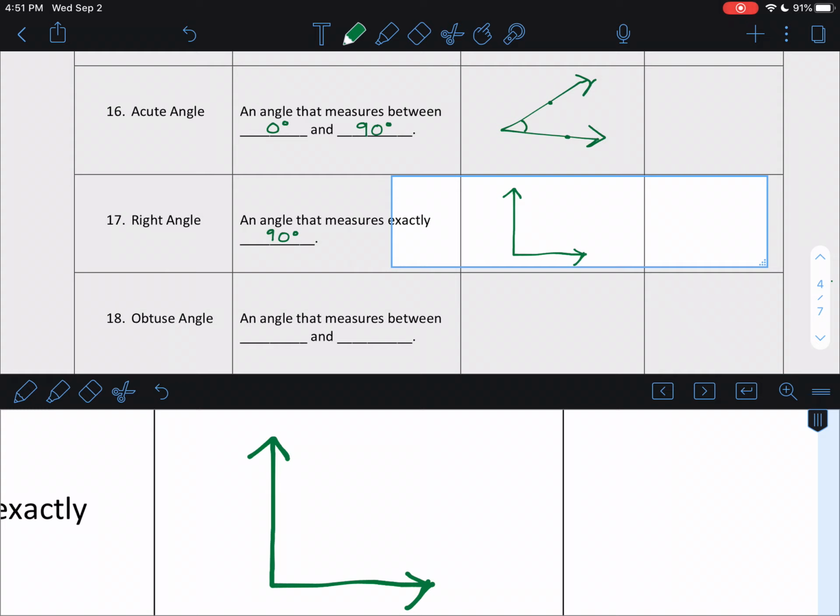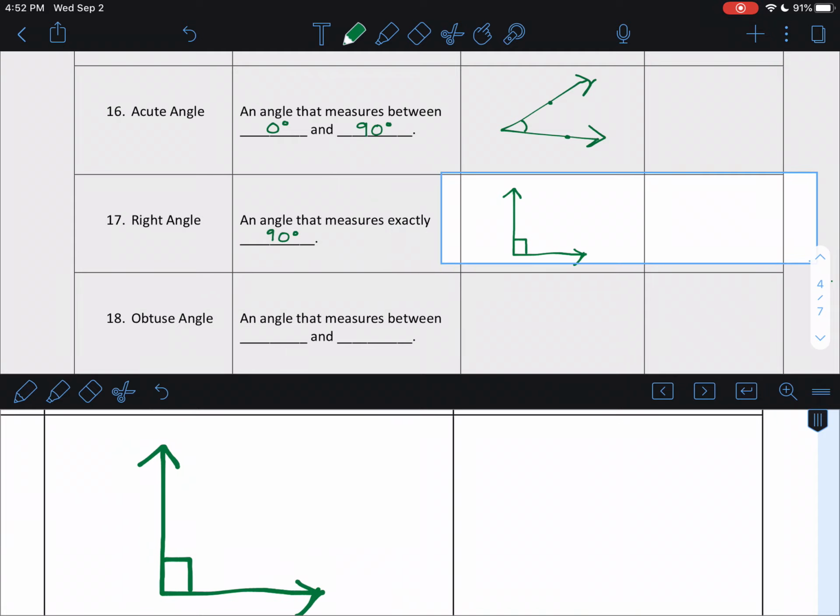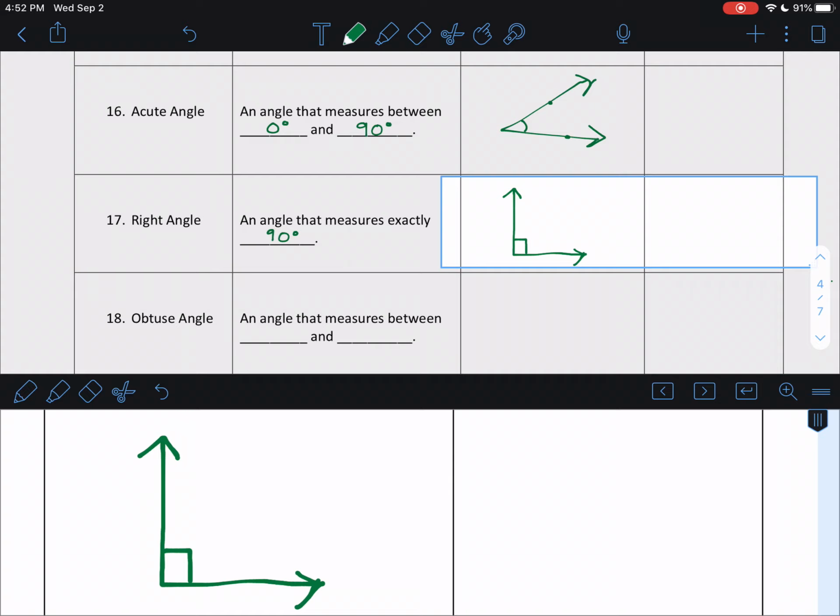All right, and we use a little square thing to denote that this is a right angle. If you see a curve inside, even if it looks like a right angle, then it is not a right angle. So this is a right angle, and again, there's no way to name a right angle. It's the exact same way you would name any other angle.